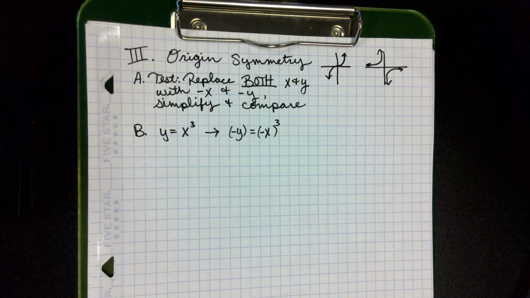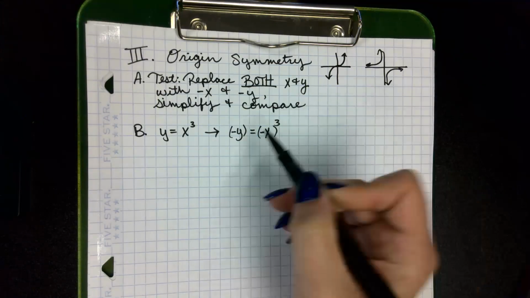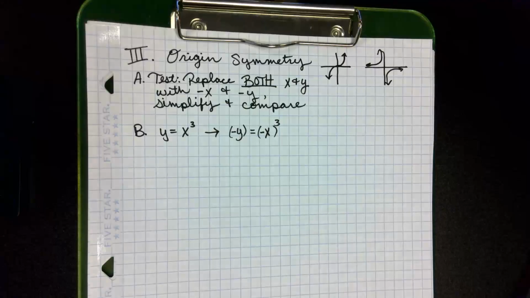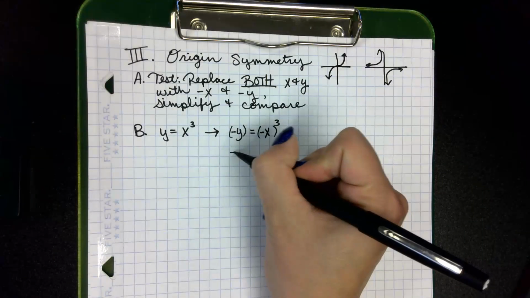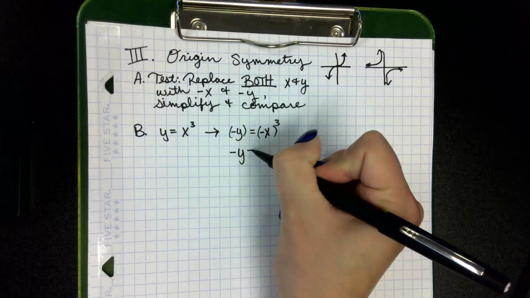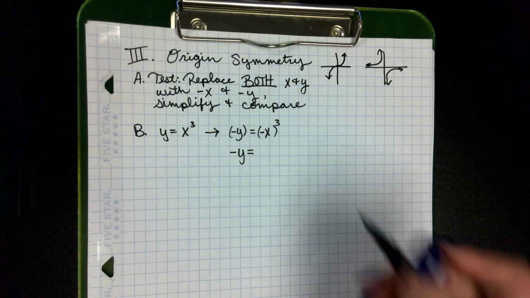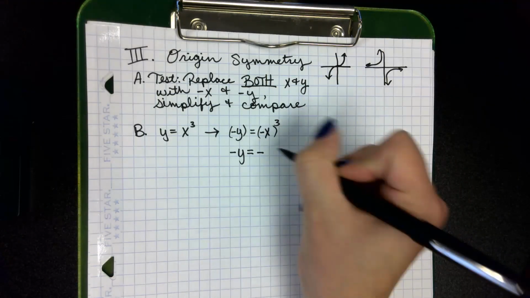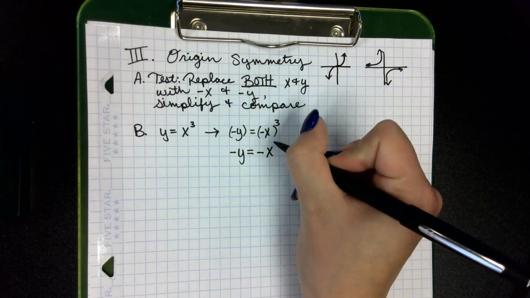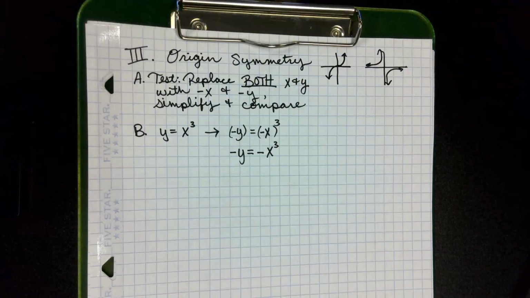And then I simplify. On the left, I have a negative y in parentheses. Those parentheses aren't doing anything. So just negative y equals, and then on the right, I have a negative raised to an odd power. So that means it stays negative. And then x to the third power. Remember I said we want what's on the left to match what we started with, and then we will compare what's on the right.